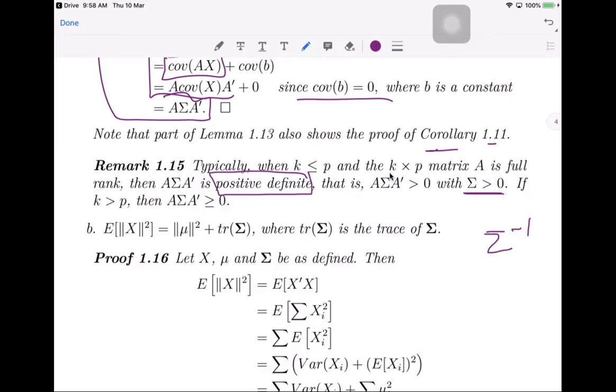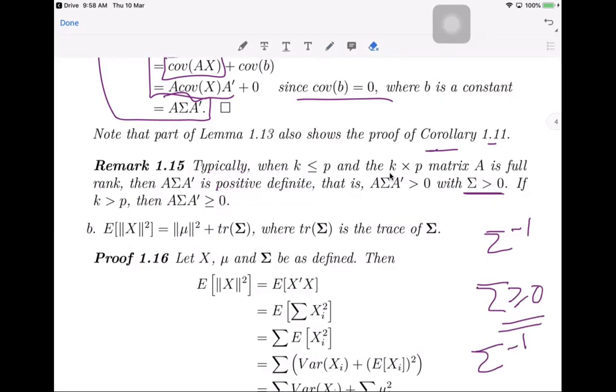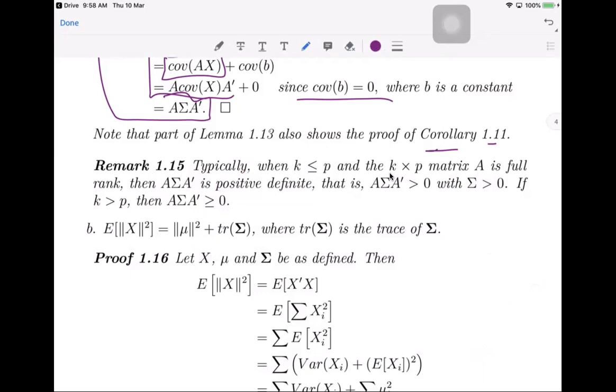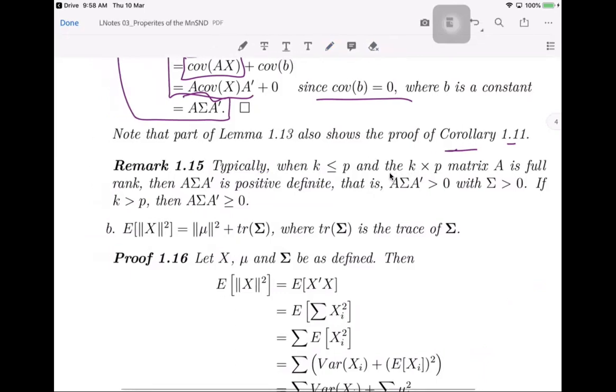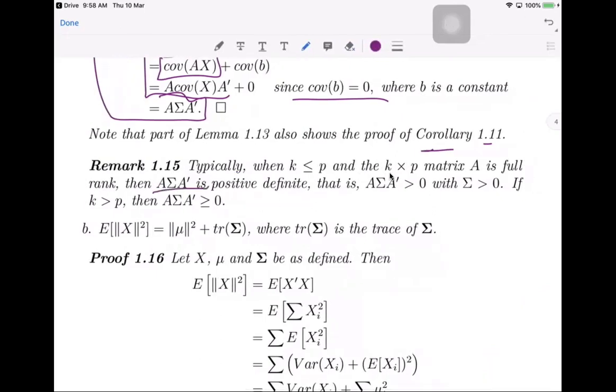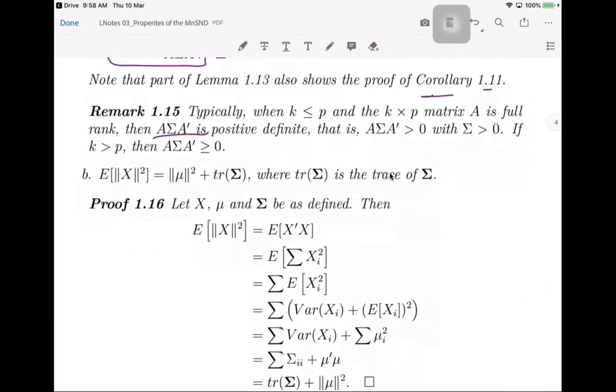If we are not sure that sigma is positive definite, we have a problem with sigma inverse. Okay? In the computation of many statistical methods, there is always the inverse of your covariance matrix. So it is very important that A sigma A prime for any matrix A should be positive definite for sigma to be positive definite. Okay.